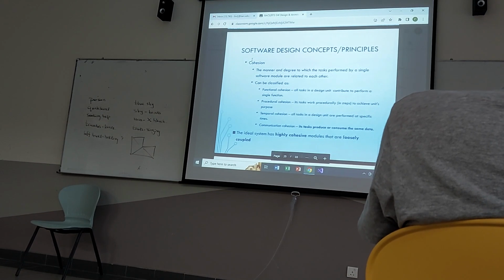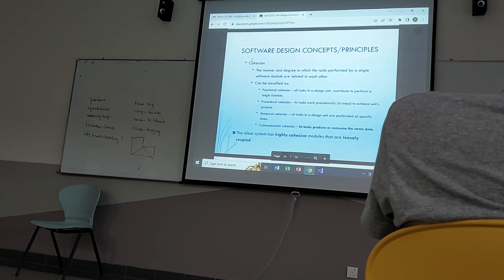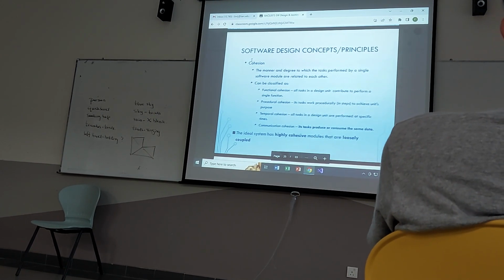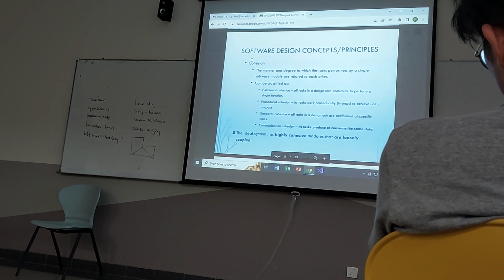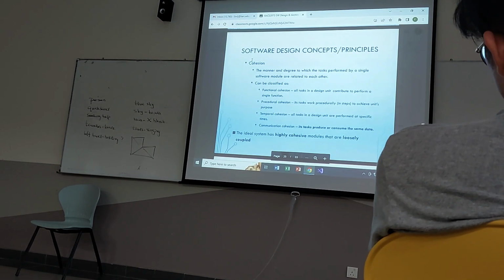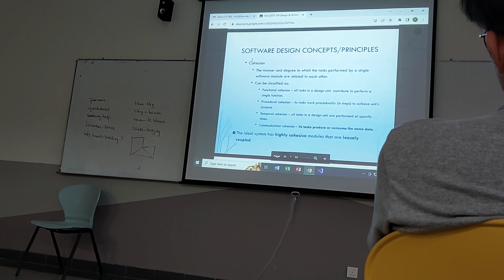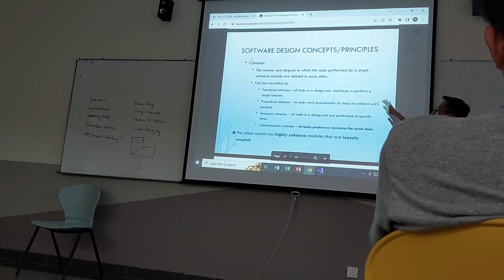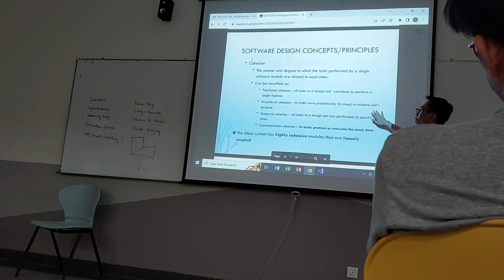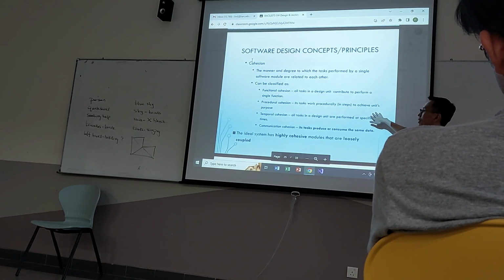Cohesion is how the module functions work together to achieve a single task. Cohesion can be classified into these forms: functional cohesion, procedural cohesion, temporal cohesion, and communication cohesion. Functional cohesion is how functions are put together to perform a single function. Procedural is how the steps achieve one task.